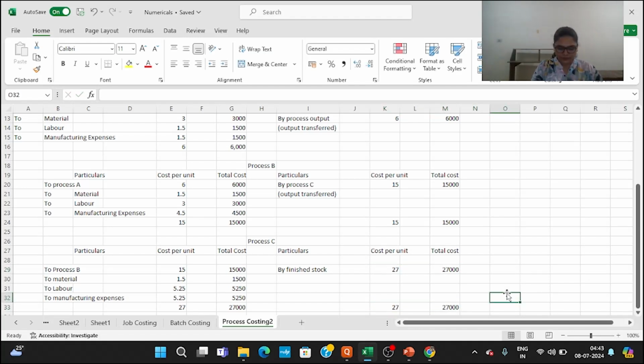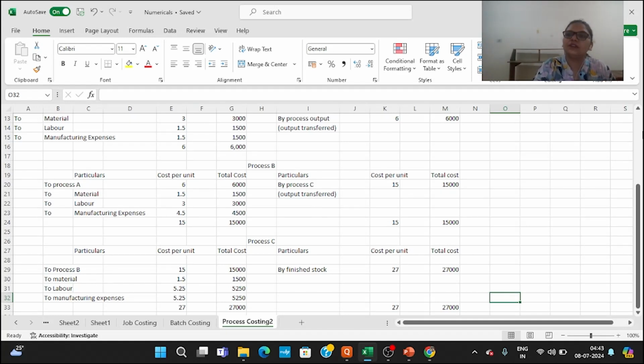So by finished stock account, we have 27,000. We are not transferring this 27,000 because this is the last process. And in this last process, we are assuming that the production of a product is complete.